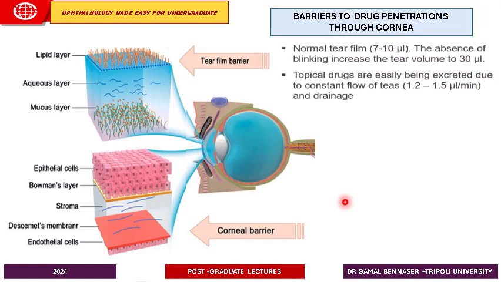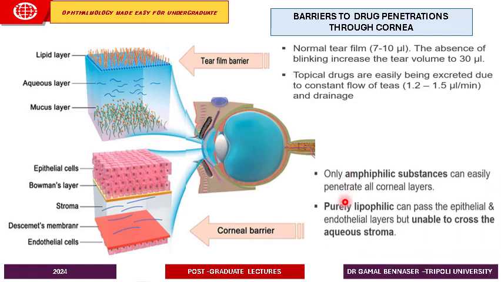And as I said, the normal tear film is around 7 to 10 microliters, and the absence of blinking increases the tear volume to 30 microliters, and this will lead to a decrease in the concentration of the drug within the tear film. Also, if the tear film is excreted at a high rate, this will excrete with it the drug dissolved in the tear film.